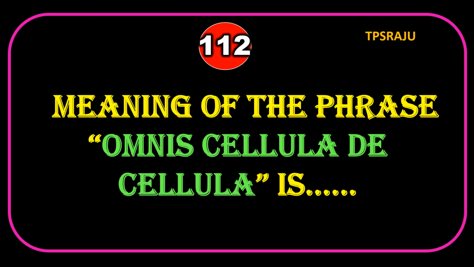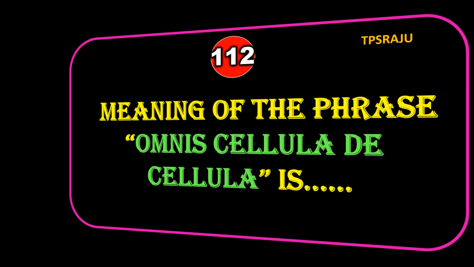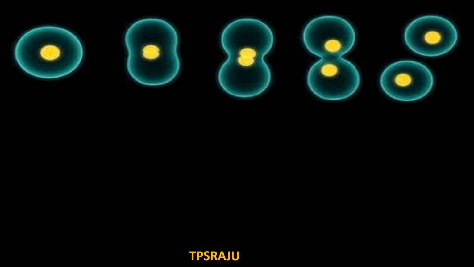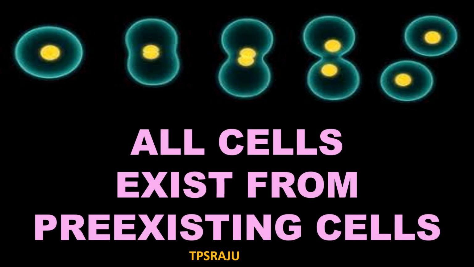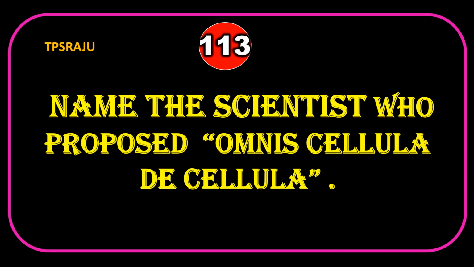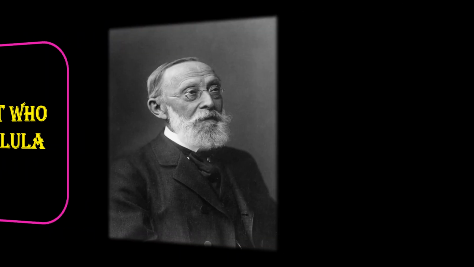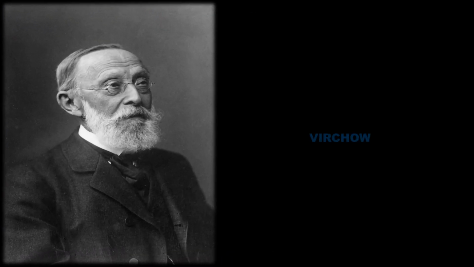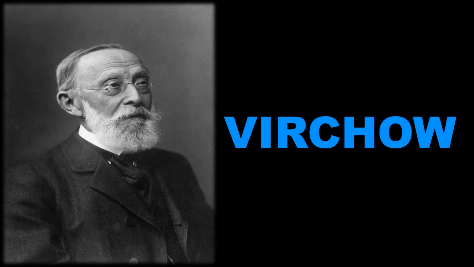Meaning of the phrase omnis cellula e cellula is: all cells arise from pre-existing cells. Name the scientist who proposed omnis cellula e cellula. Virchow.